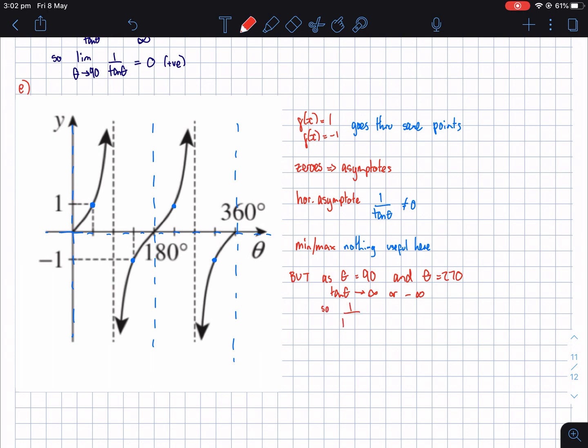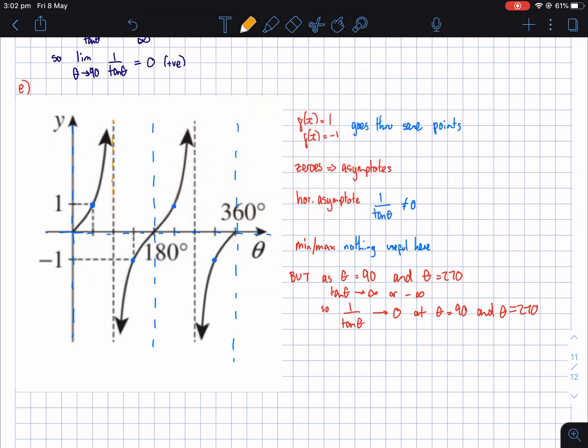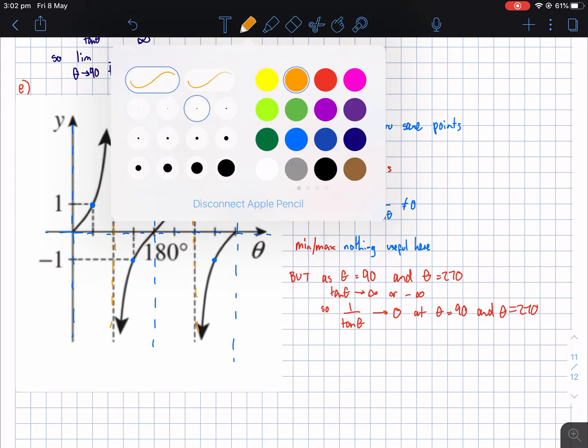So 1 on tan theta is going to tend towards 0 at theta equals 90 and theta equals 270. All I'm saying is, when tan theta has these asymptotes, that's when we're going to have zeros. Or at least they're going to look like zeros.